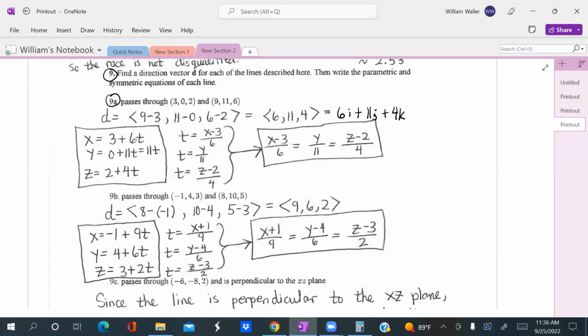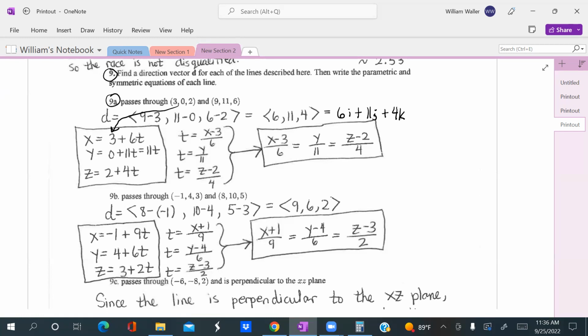How do you write down the parametric equations? Well, you simply take the coordinates of one of your points, say 3, 0, 2, since that's the first point that we're given here, right? And you write those coordinates into your 3 parametric equations: x equal to the x coordinate of this point, y equal to the y coordinate of this point, z equal to the z coordinate of this point.